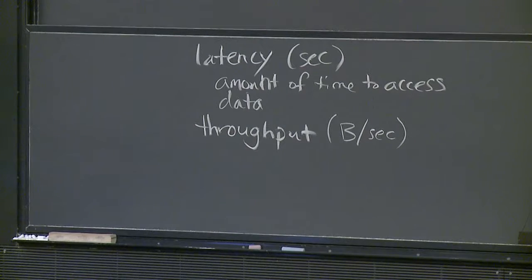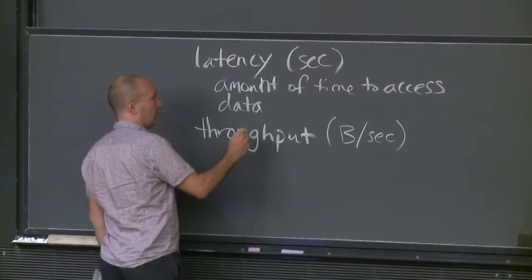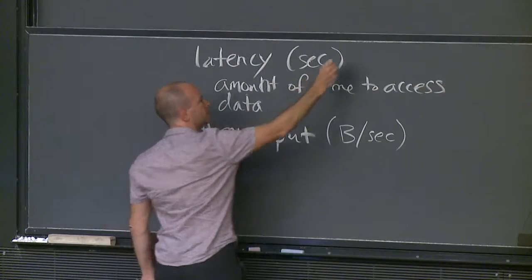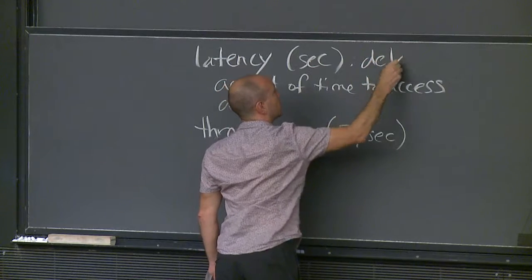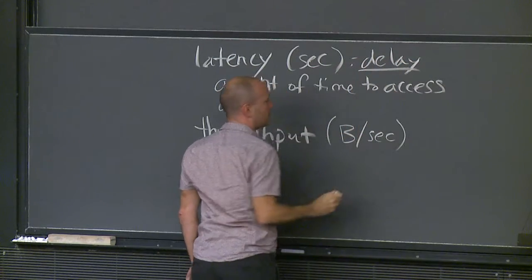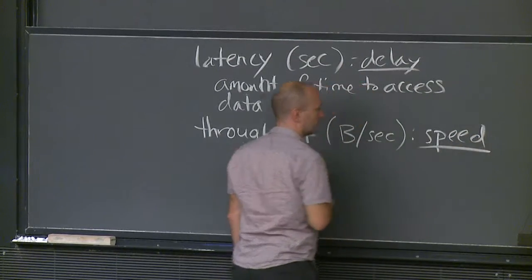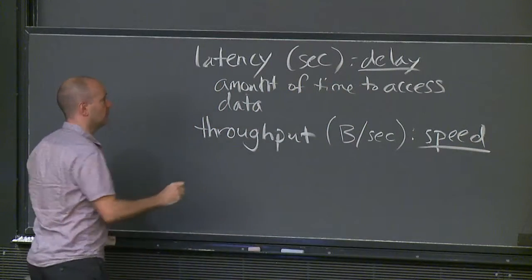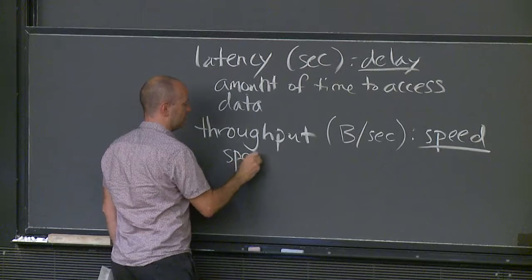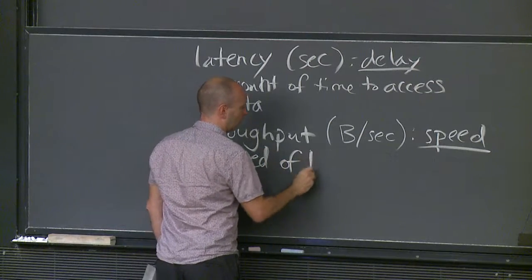This is how fast you can transfer data once the data transfer is going. So latency is a delay, and throughput is a speed of transferring data.